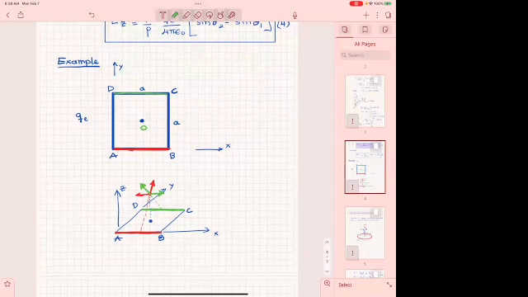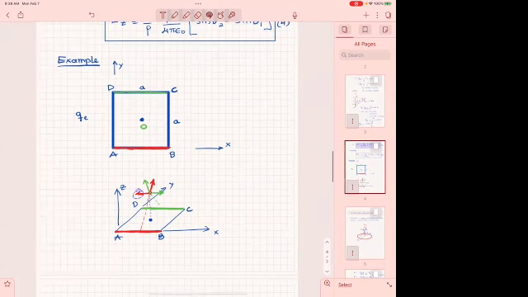Not all of them cancel, only this one, okay, let me see. Only this one and this one cancel, all right? But the other two are not opposite, they are identical, but they are at an angle.